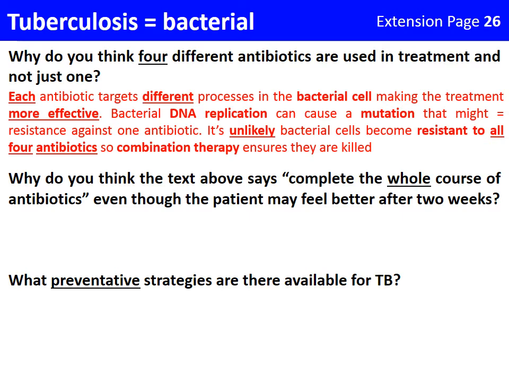So it might block translation, protein synthesis. Some of the antibiotics might target transcription of DNA into messenger RNA. They might target formation of the peptidoglycan cell wall of the bacterium, or they might target DNA replication. So it makes the treatment more effective overall because the same bacteria are being targeted in 4 different manners.